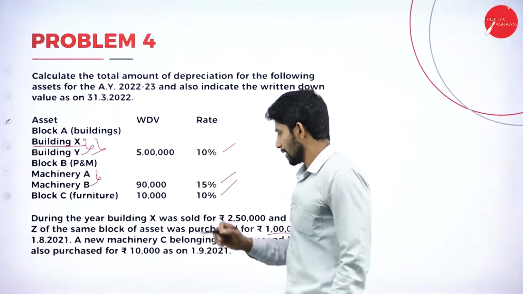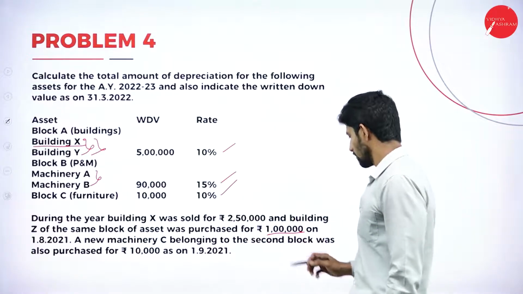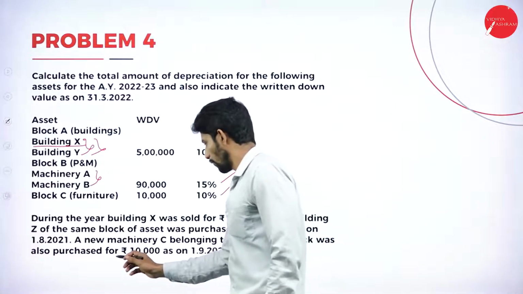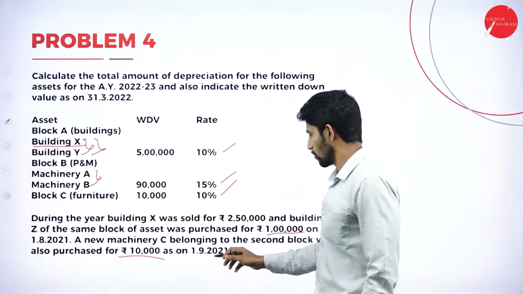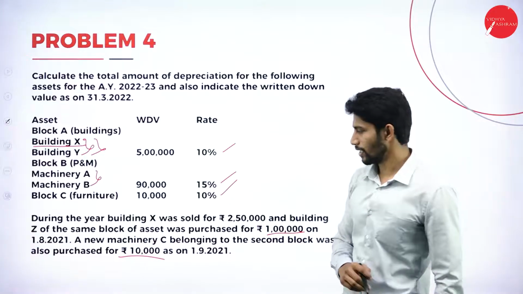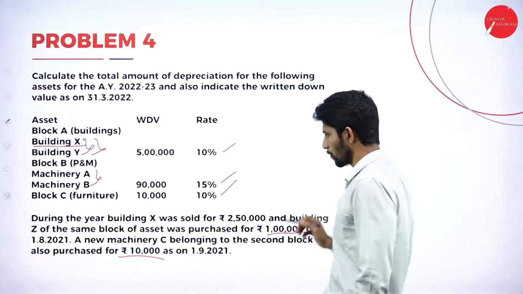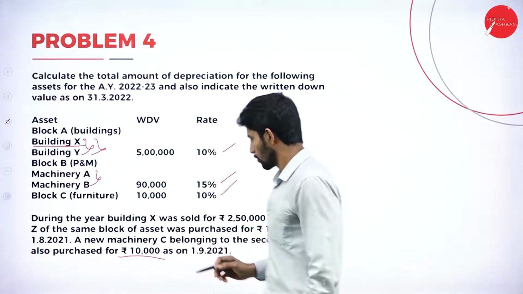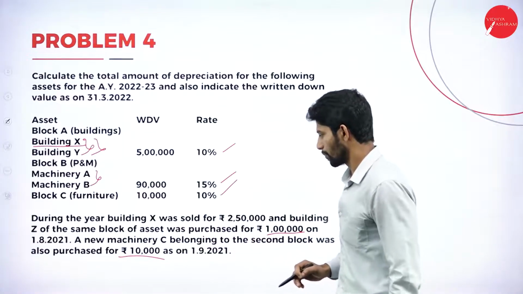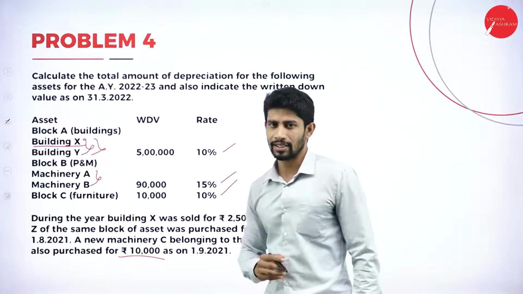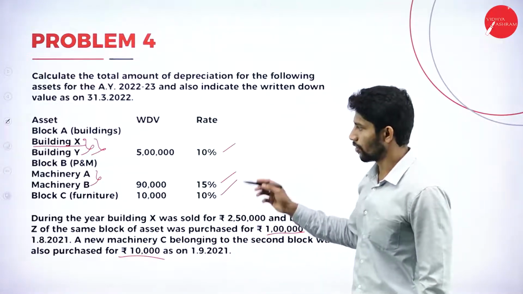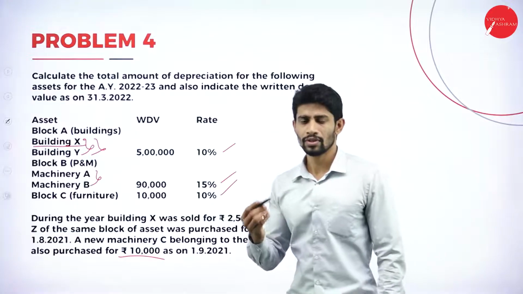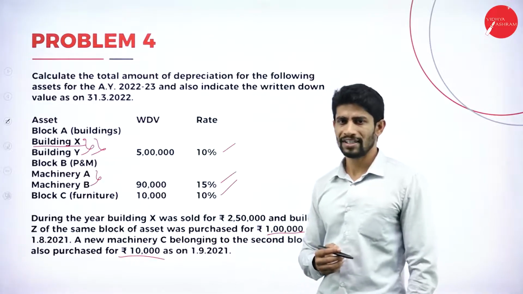So a new machinery C belonging to the second block was purchased for rupees 10,000 as on 1/9/2021. So which is the second block? That is machinery. So here machinery C was purchased for rupees 10,000. So this is the information they have given to us to find out the value of depreciation.